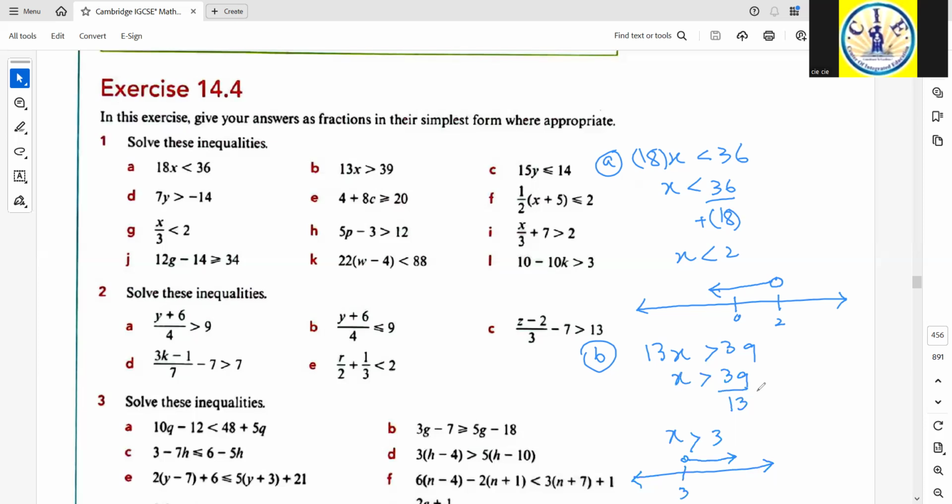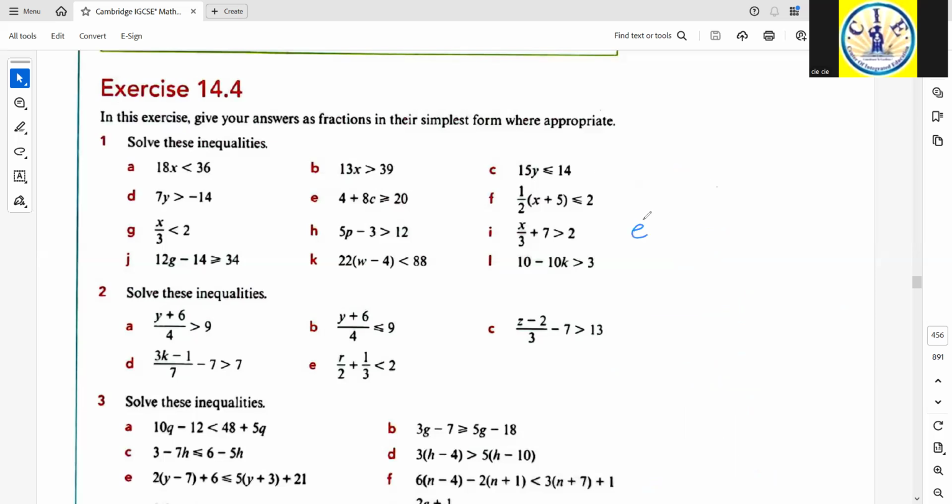Parts C and D are to be done exactly on the same pattern. Let me do part E, for example. 4 plus 8C greater than or equal to 20.